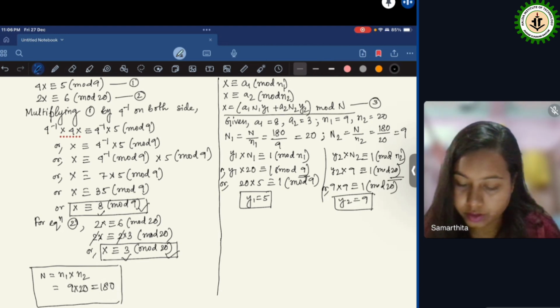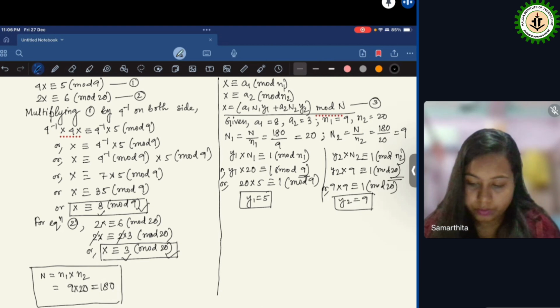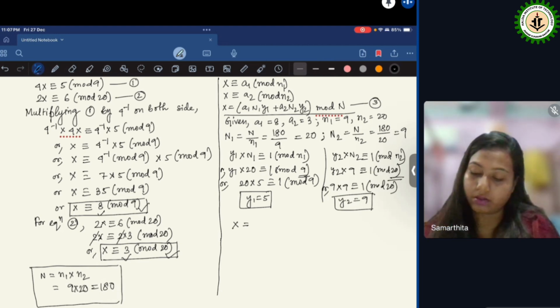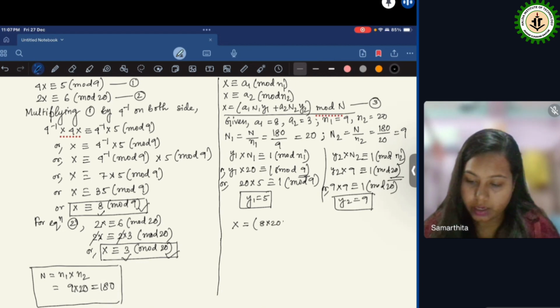So now x equals to, I'm not repeating by writing the formula again, I just put these values. a1 means 8 into n1 means 20, y1 means 5, and a2 value 3 and 9, n1 and 9, and then mod capital N value 180.